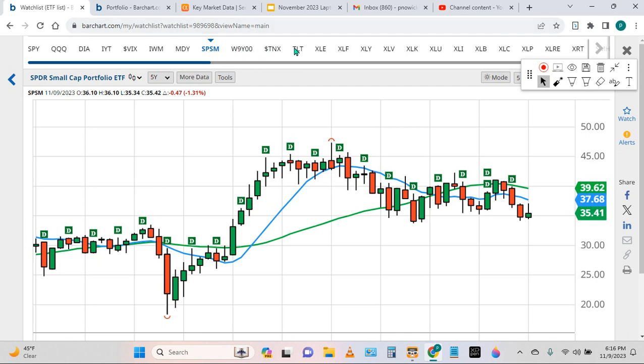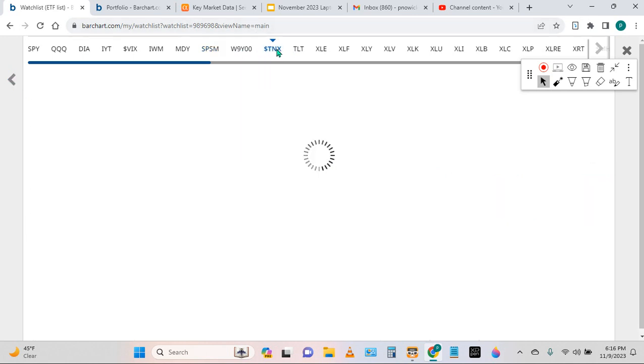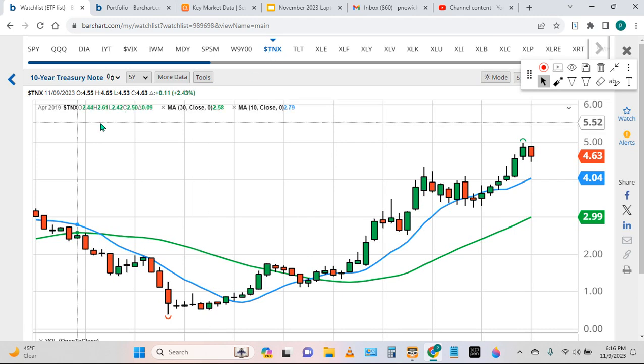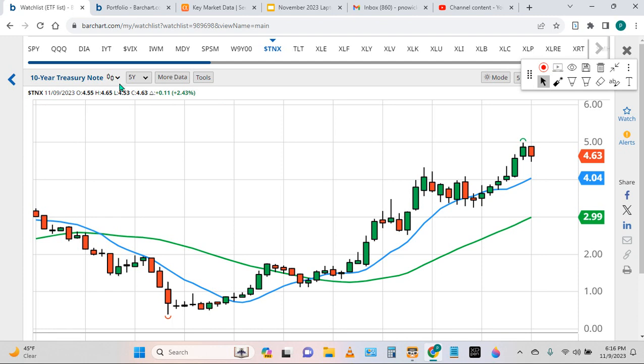And then we can also watch something like interest rates using this ticker TNX, $TNX. This tracks the 10-year Treasury note, so you can see interest rates have been in an uptrend. Right, that's pretty easy to see.